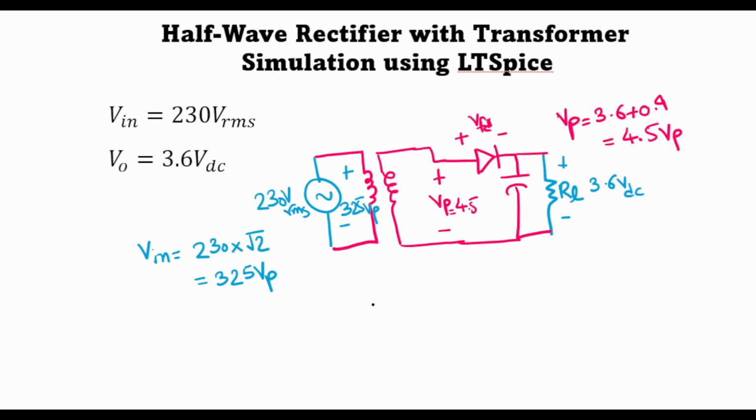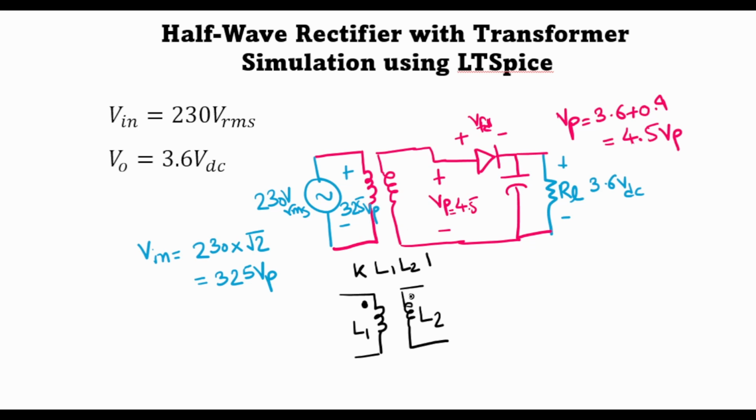So the way we model transformers in LTSpice is by using inductors which are mutually coupled. So this will be an inductor L1, this will be inductor L2. By writing the statement K L1 L2 1, I'm describing that these two inductors have a mutual coupling coefficient of 1, which means that all of the flux that is developed by L1 will be linked to the inductor L2.